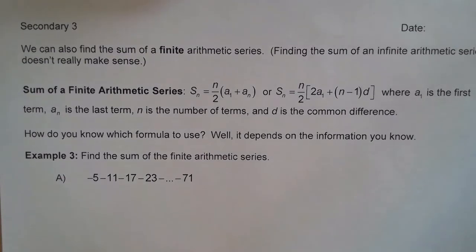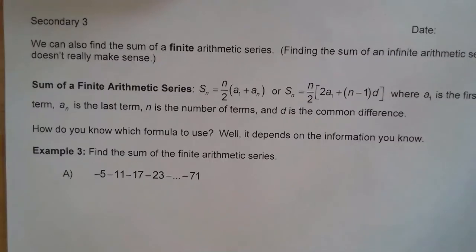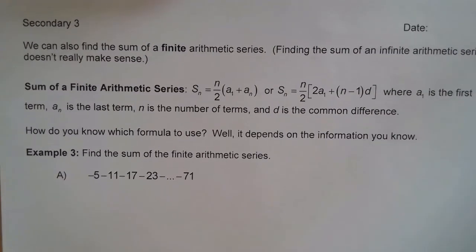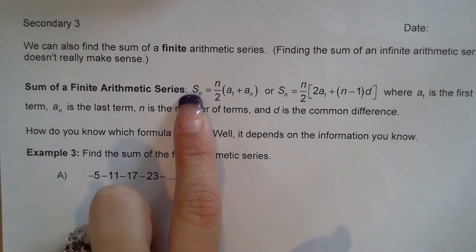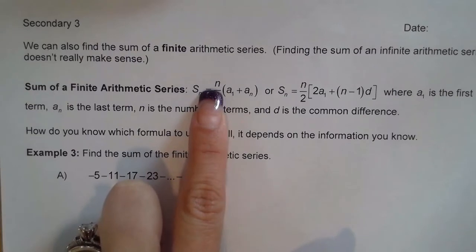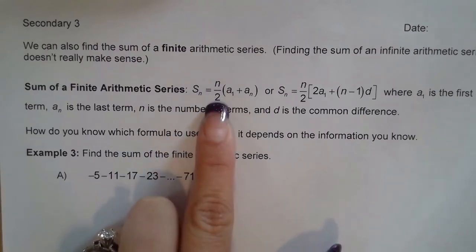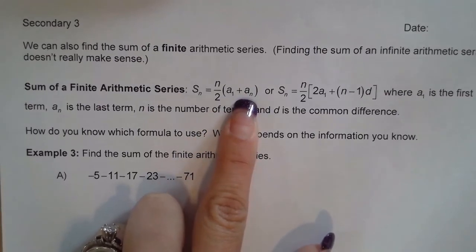So we can do it by this. We're going to look at the finite sum. So we're going to be able to add up to a certain point. So these are the two formulas that work. The sum is n, which is the number of terms, over 2 times the first term plus the last term.